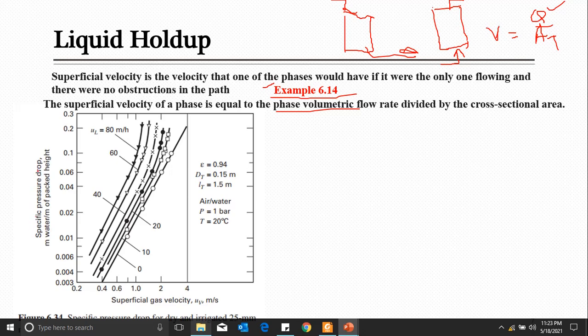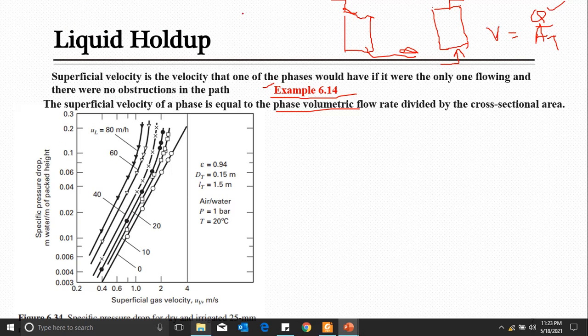Here, as shown, the specific pressure drop is the pressure drop, and its unit is given here: meter of water per meter of packed height. First of all, meter of water: you know that you can represent pressure in terms of millimeter of mercury. Similarly, feet of water maybe you already use, so meter of water is the unit for pressure here, per meter of the packed height.